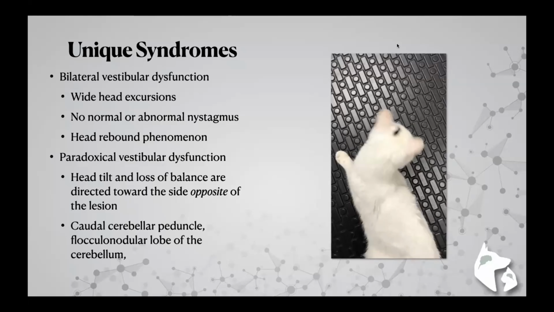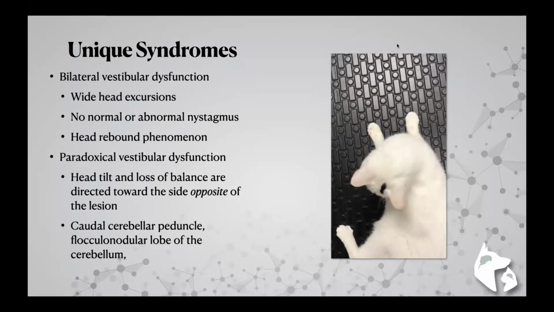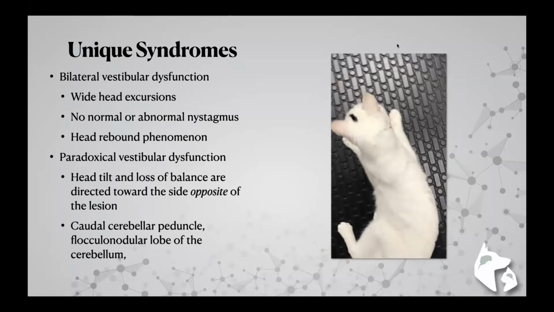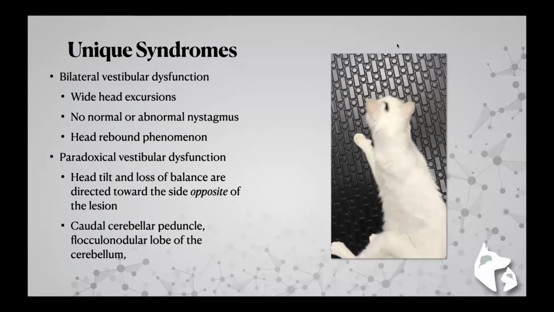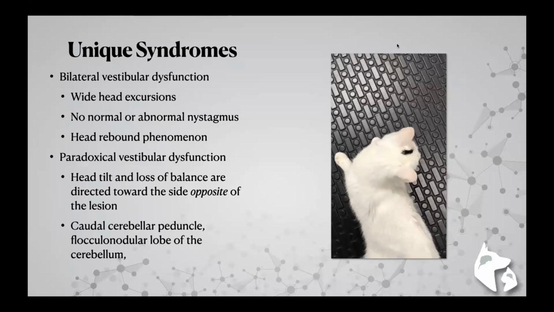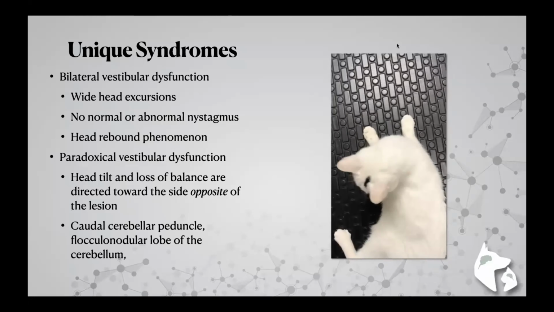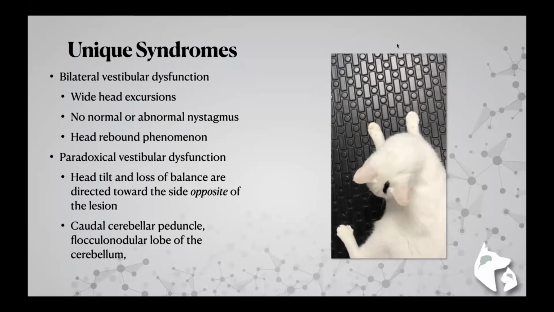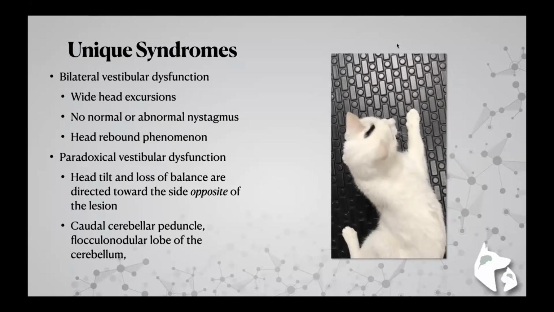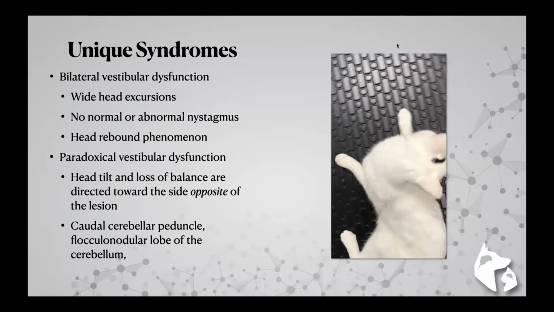And it's because you're losing that disinhibition from the side of the lesion, which means that if you're losing the disinhibition, your body is receiving more signal from the side of the dysfunction than the other side. So the head tilt is always towards the side of reduced signal.